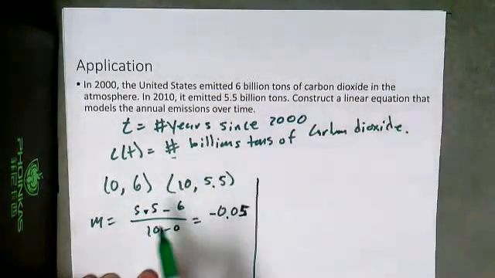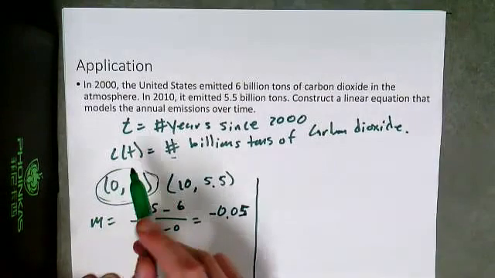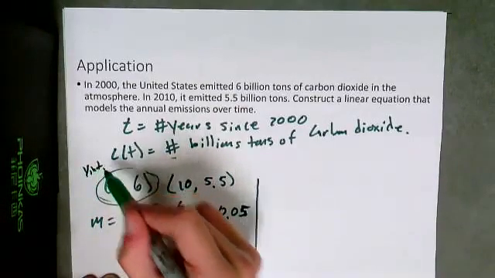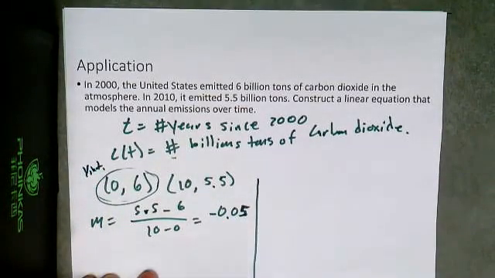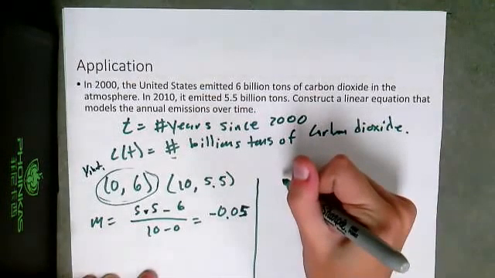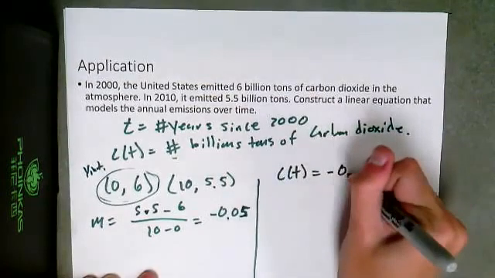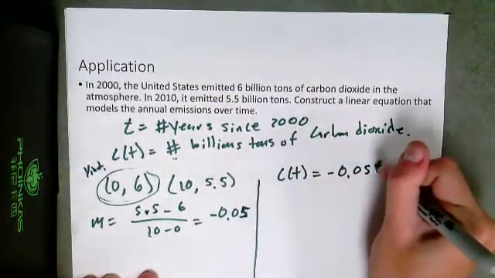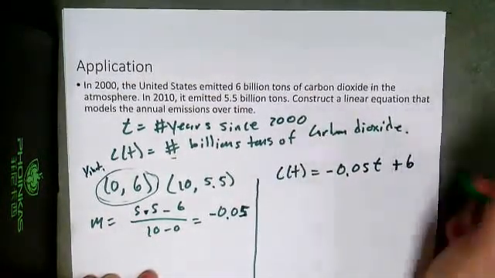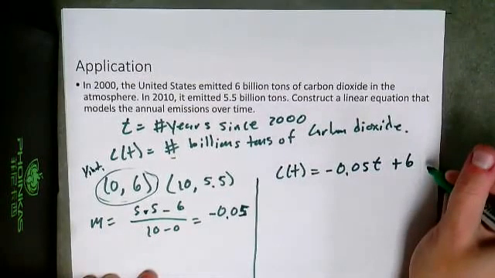So this also gives us the y-intercept. So we can use slope-intercept form, nicer and condensed. C of t is equal to negative 0.05 t plus 6, slope, intercept.